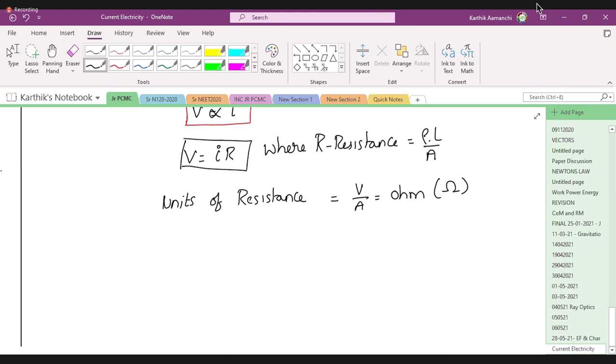Capillary tubes connected in series, capillary tubes connected in parallel, pressure and volumes, volume flow rate, delta V by delta T, pressure difference. It is like your potential difference.